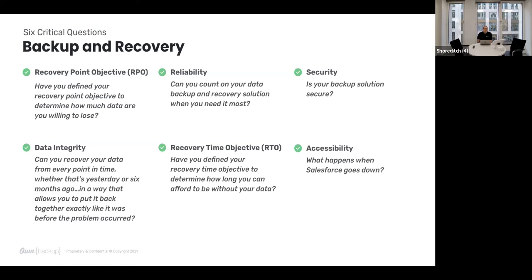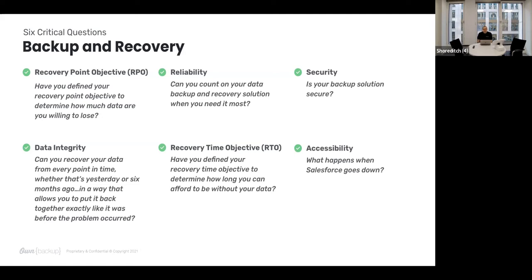These are some of the questions we ask our customers, and especially they ask us at OwnBackup to consider what would happen if one of our data centers was impacted. And we actually have mitigation around that, where we would move data to a different data center in a matter of an hour or so.